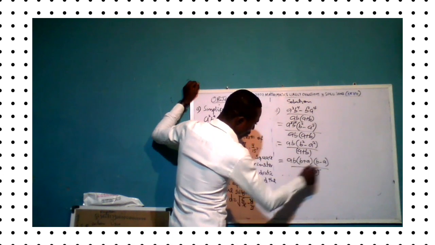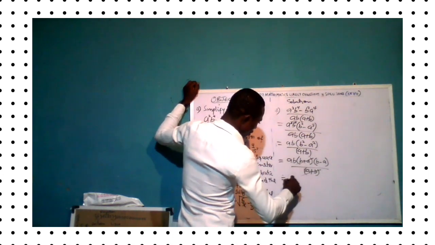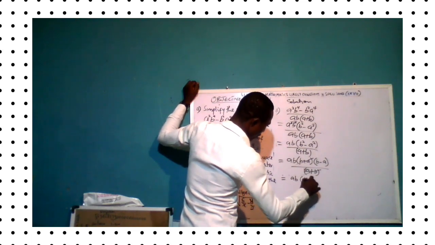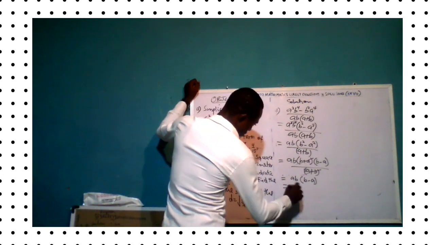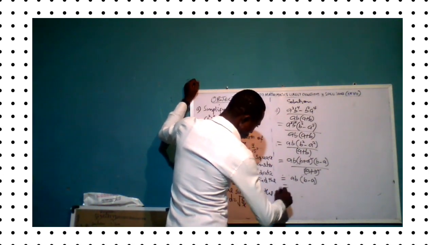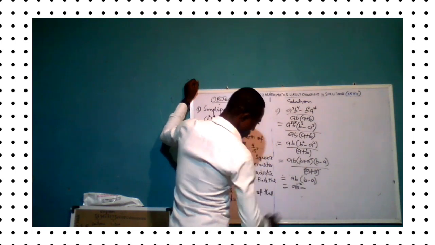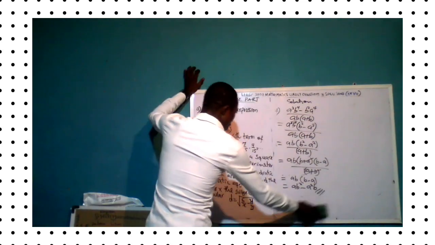Okay, and a plus b, this bracket we cancel, and we are left with ab into brackets b minus a. Yeah, this is the same thing as ab square minus a square b. So let's look at the next question.